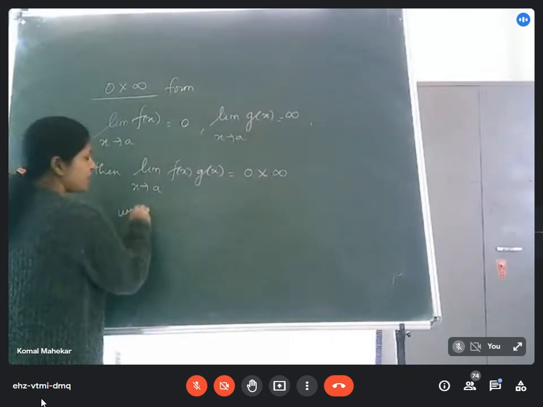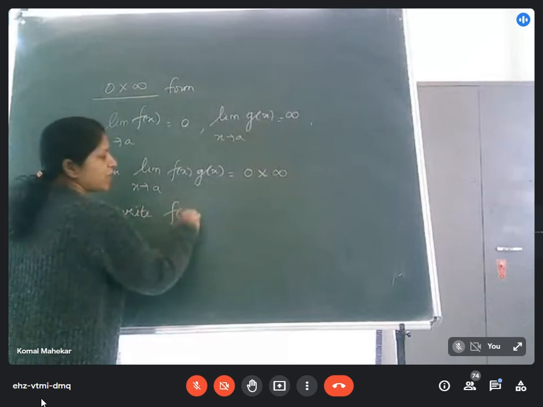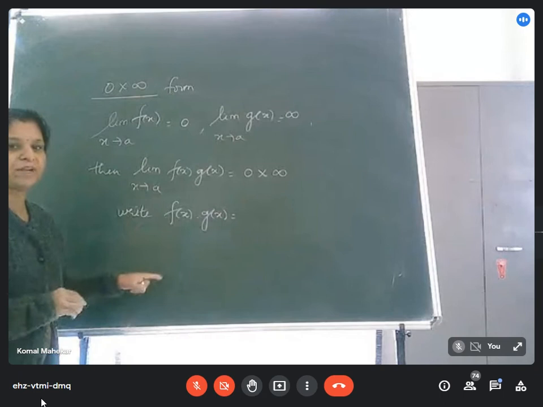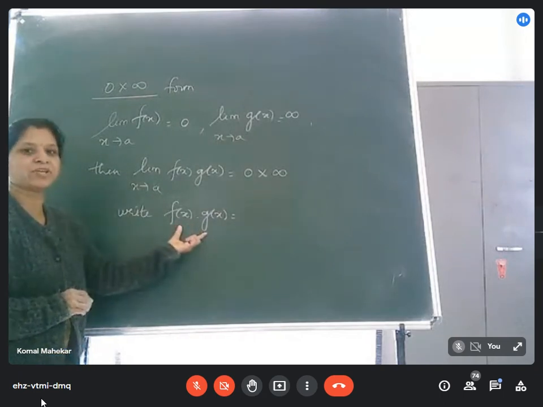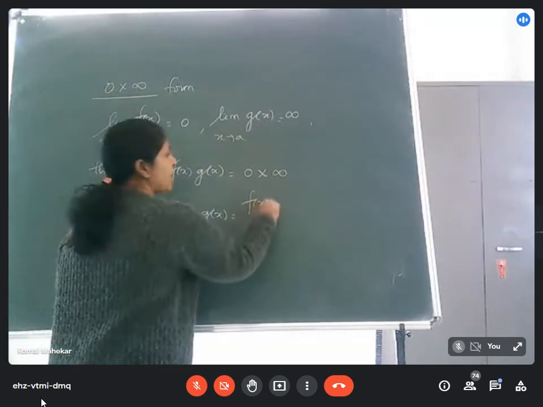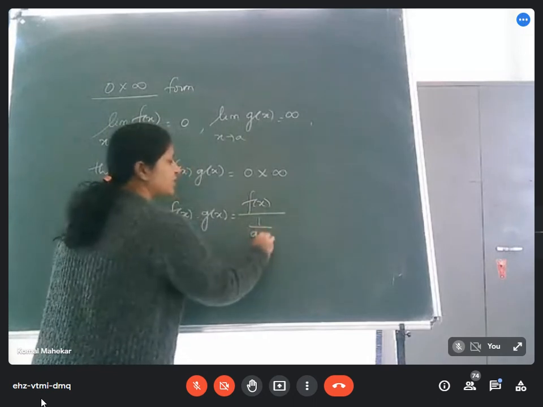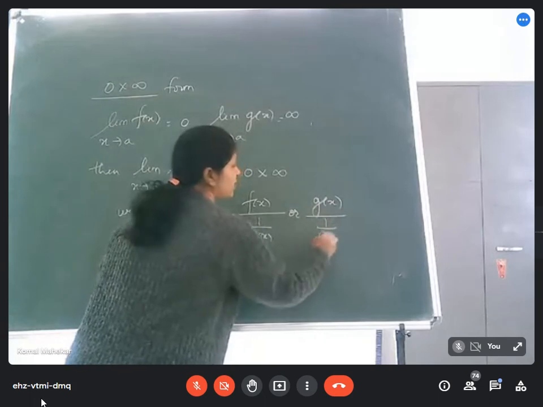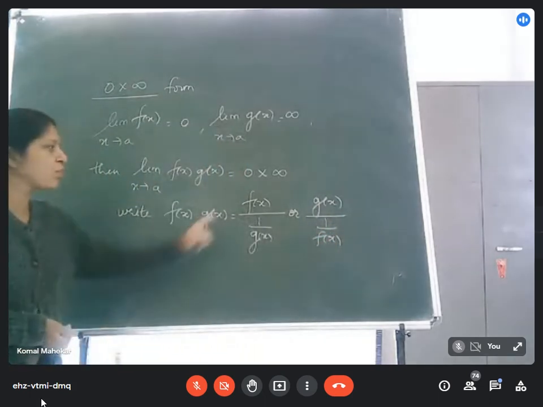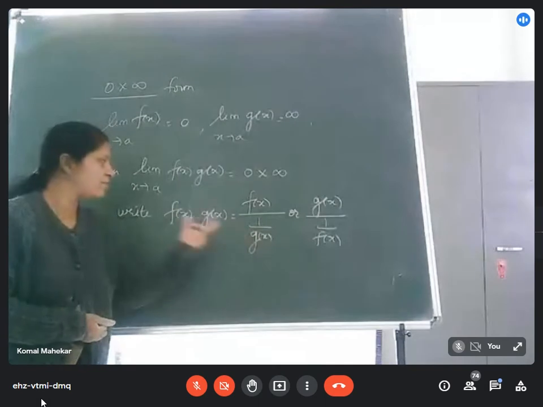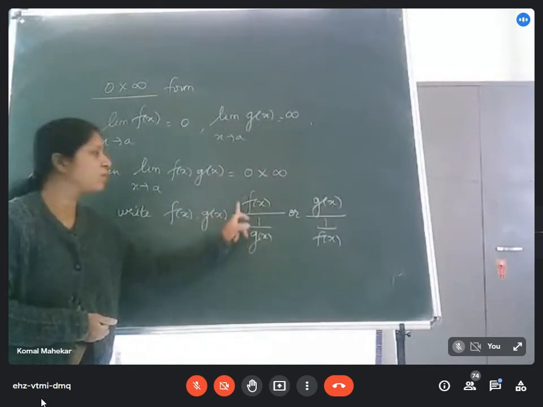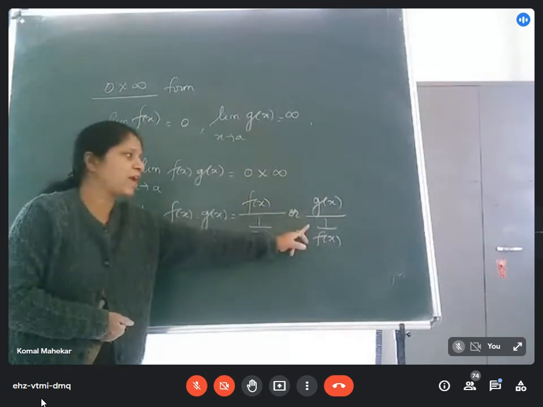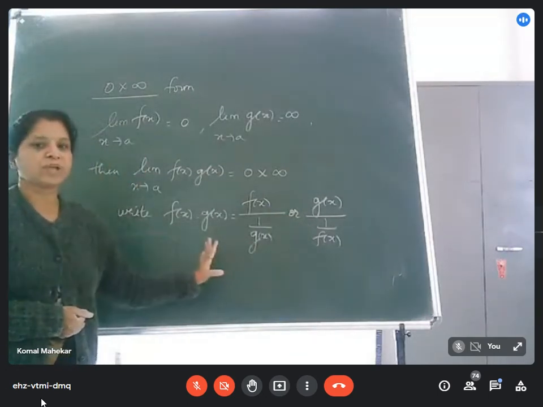We will write this fx into gx, if your problem is in 0 into infinity form, as fx upon 1 upon gx or gx upon 1 upon fx. fx into gx को आप ऐसे लिख सकते हो fx divided by 1 by gx or gx divided by 1 by fx, which is suitable.